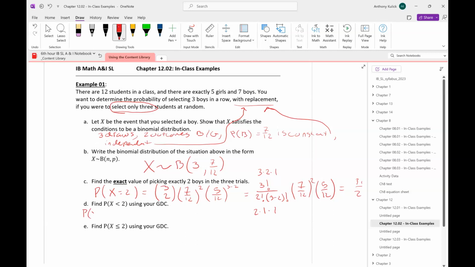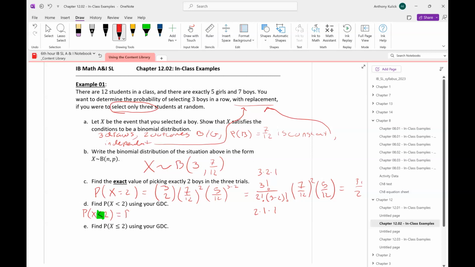So to use your graphing calculator, this symbol has to be a less than or equal to inequality. And that's okay here because what we have is a discrete distribution. You can't get like 1.9 successes here because it's just the number of boys that you're drawing.